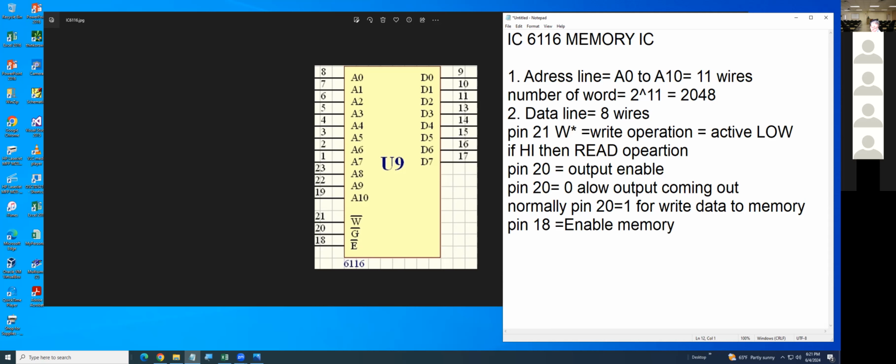Okay. If pin 18 equal 1, we can say no graph or data can get into memory.